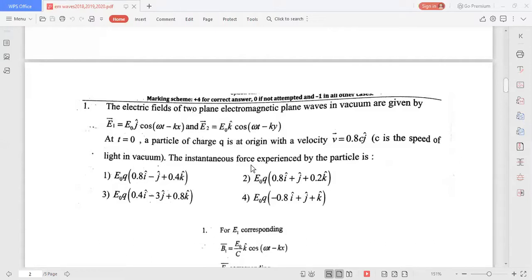I think you can do this problem because previously we have done this type of problem.